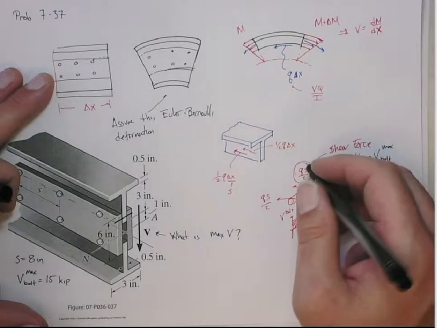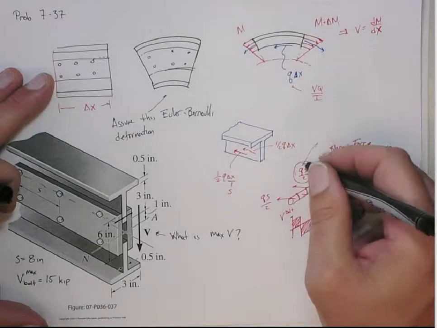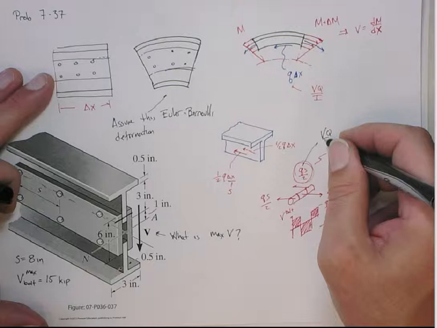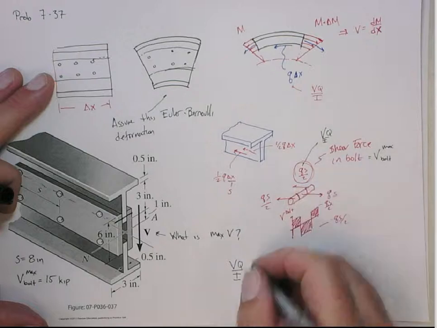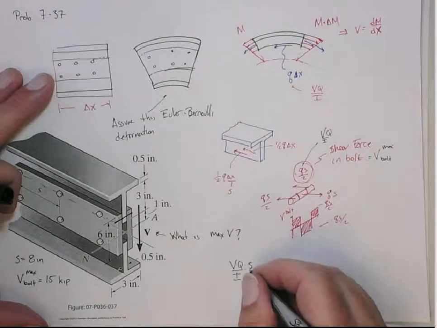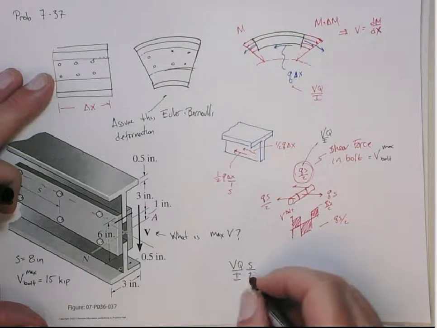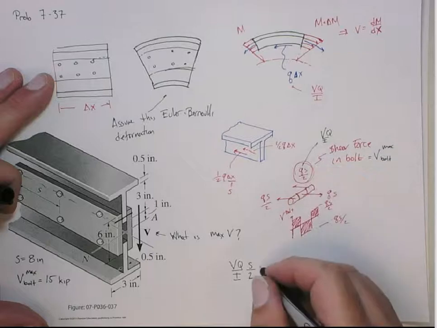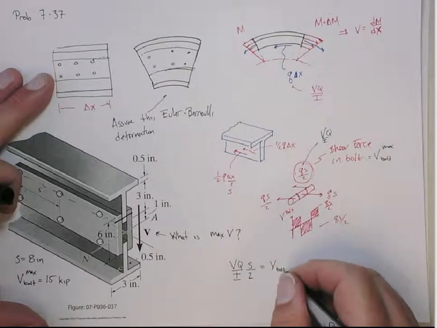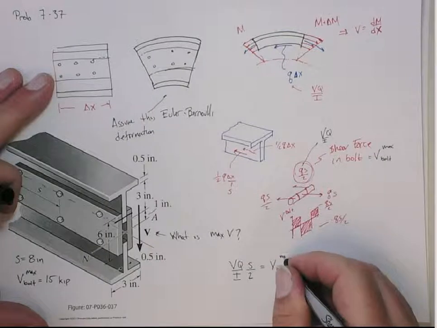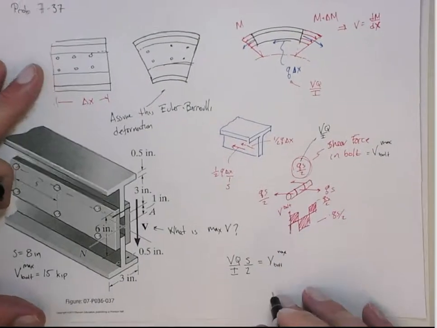Now I know the Q shear flow is the VQ on I. So now I have VQ on I times S over 2, just substituting in for Q, has to equal the allowable shear force in the bolt.